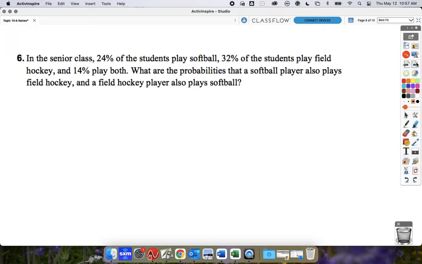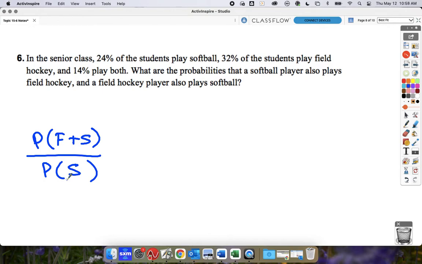Let's keep going. In the senior class, 24% of the students play softball, 32% play field hockey, and 14% play both. What is the probability that a softball player also plays field hockey? This is going to be the probability that you are a field hockey and a softball player over the probability that you're a softball player.